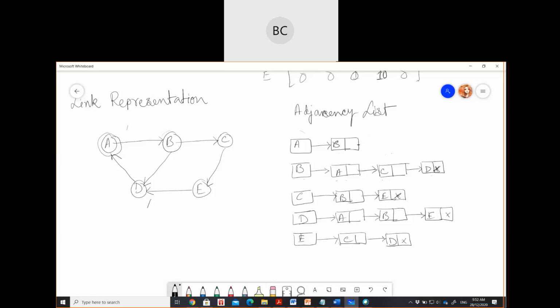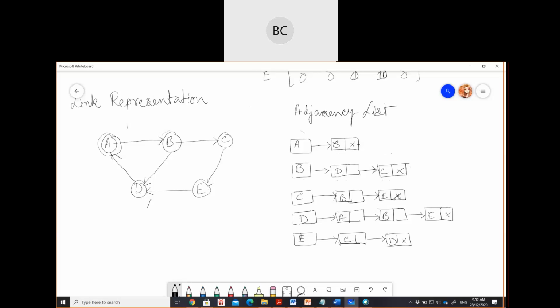From A, there is only one adjacent node, one outgoing edge, so there will be only one. Now from B, you can go to only C and D, not A. Therefore, I'm not going to write this one. So I'm going to cut it.